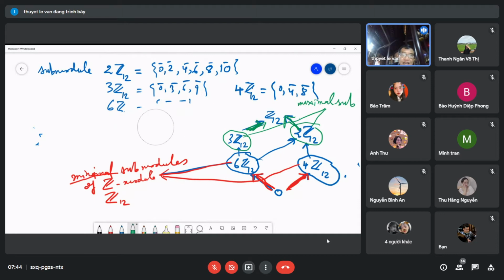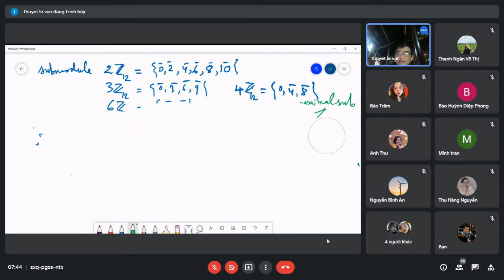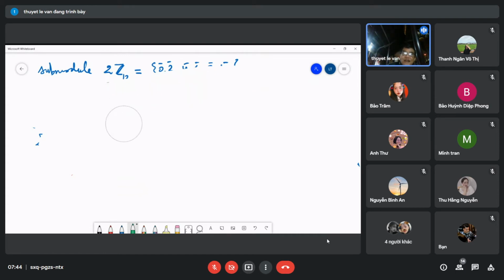However, I know that the minimum and the maximum are sometimes not different. That means the minimum submodule is sometimes also the maximum, and the maximum is also the minimum. Okay, I can write something like this.